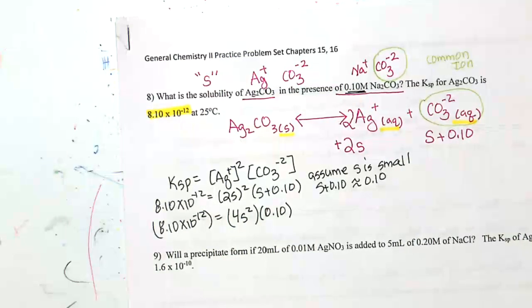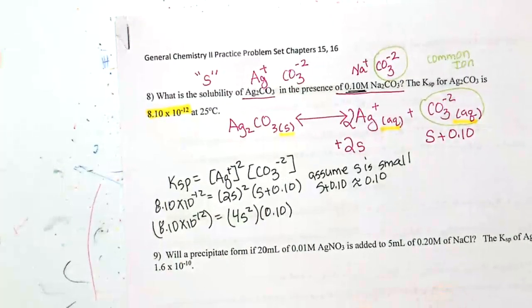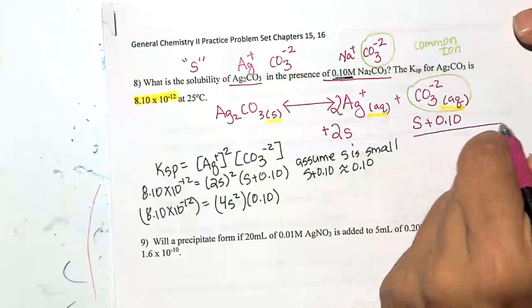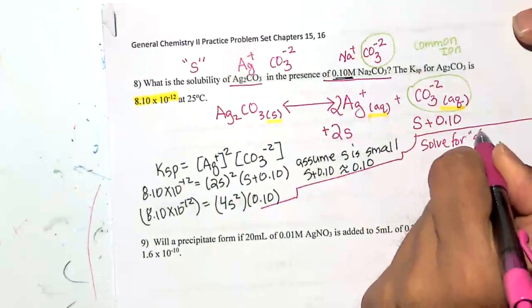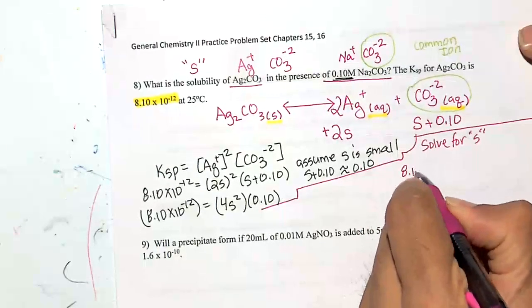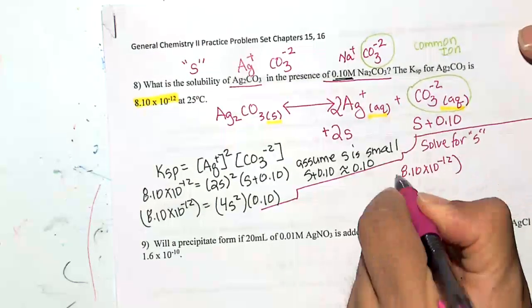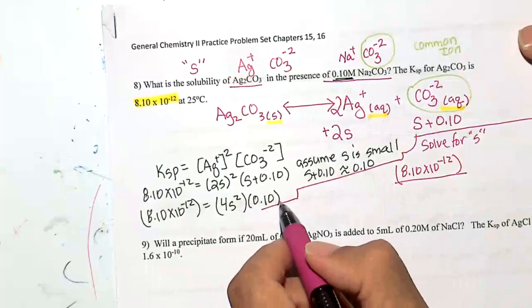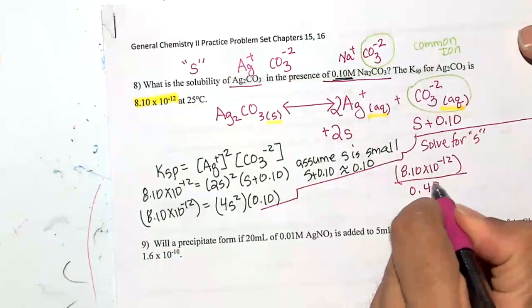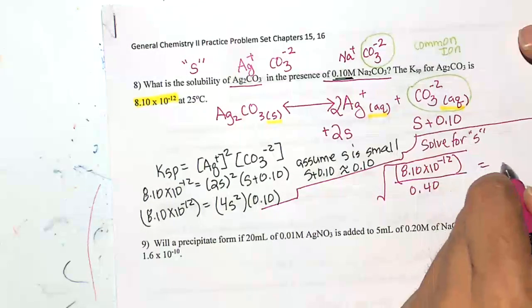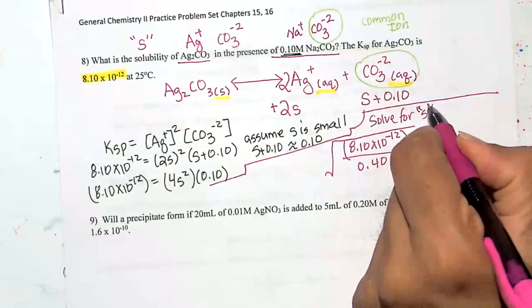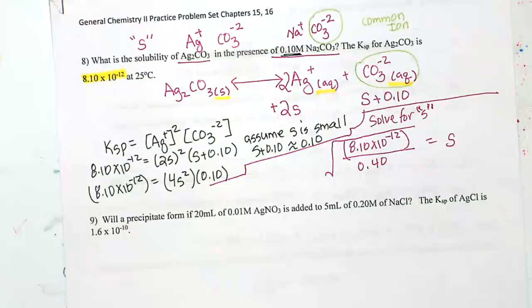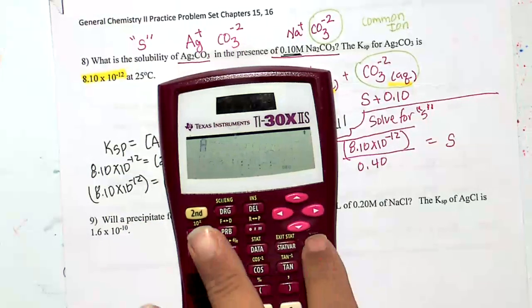So now we will solve for s here. 8.10 times 10 to the minus 12 divided by 4 times 0.1, which is 0.40. And this will be our answer.